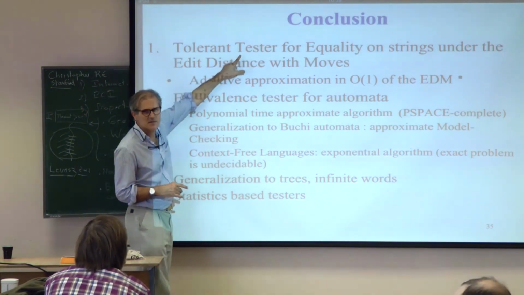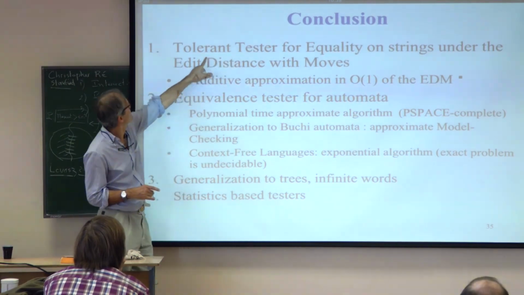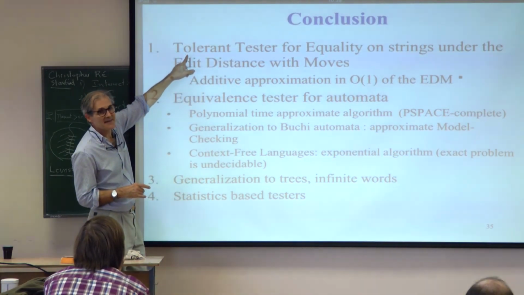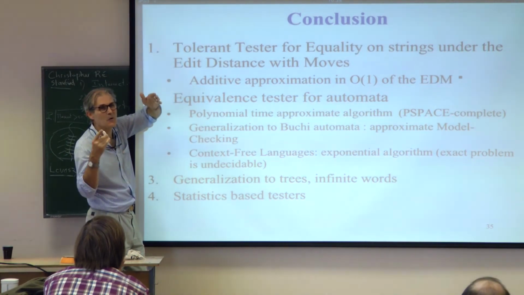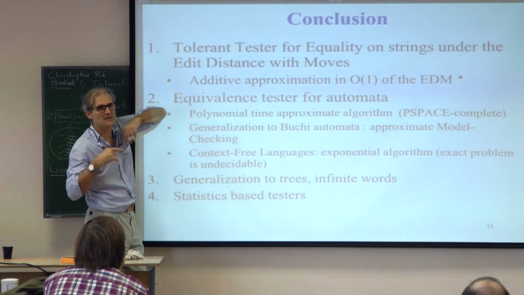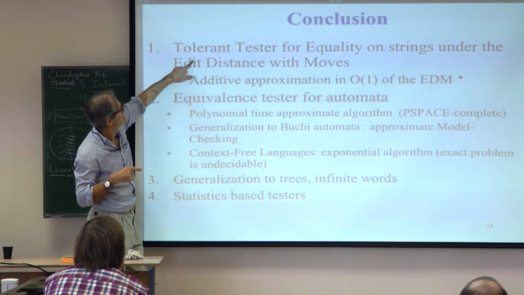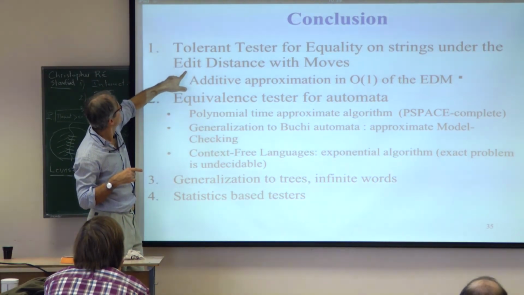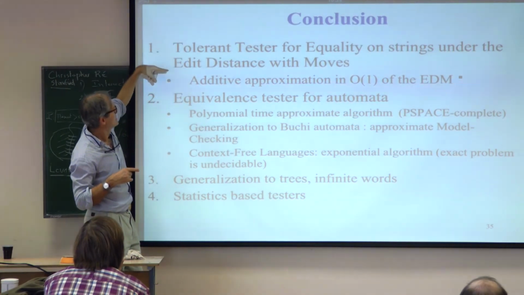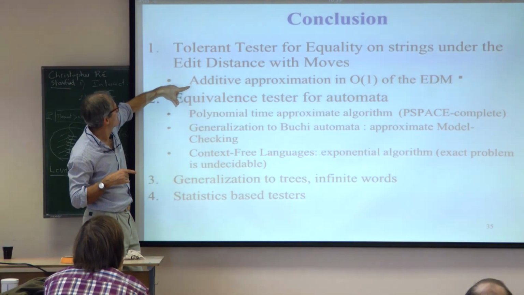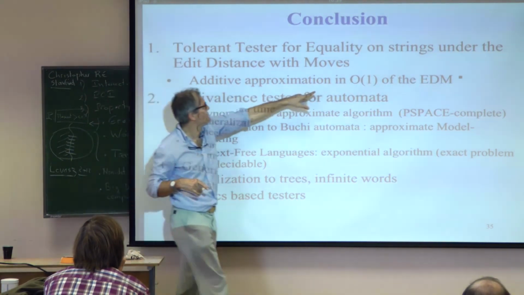Often the expression is a tolerant tester. A tolerant tester is a tester like the statistics we used: in other words, close statistics imply close objects. That's what we did first, right? Indirectly, it gives you an additive approximation for the edit distance with move.